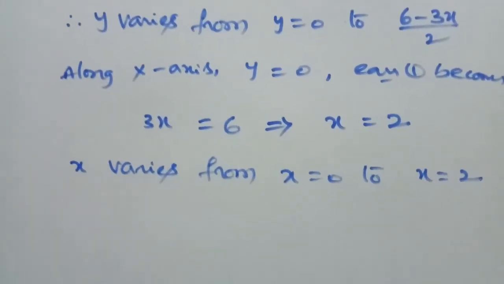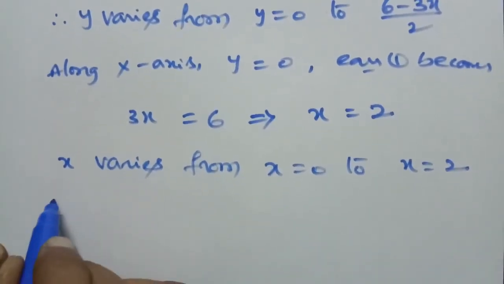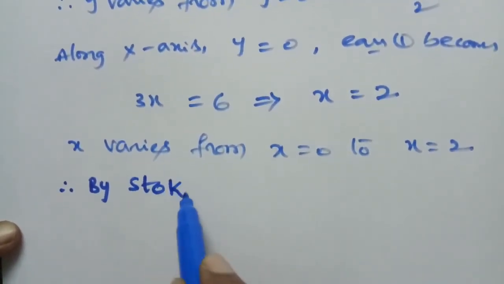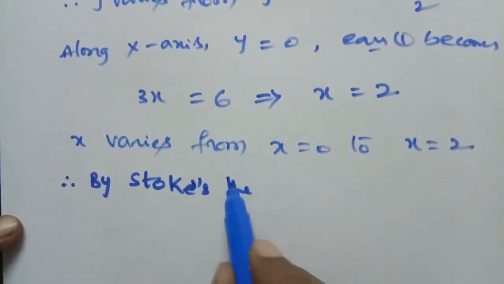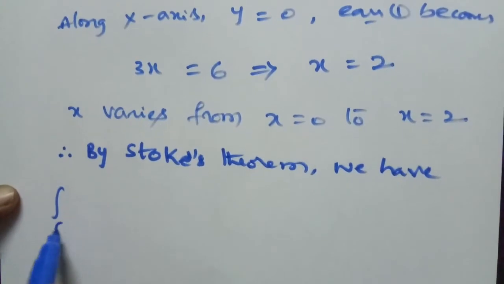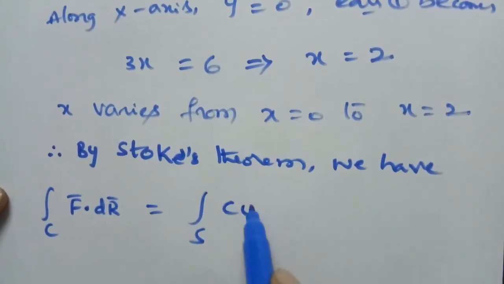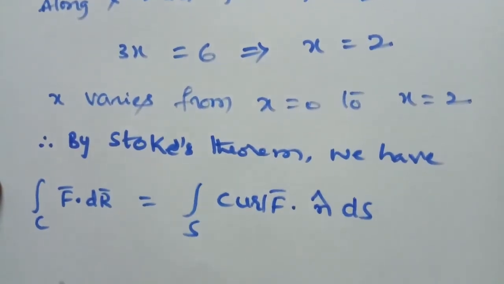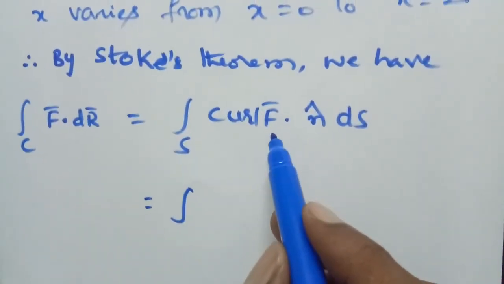Therefore, by Stokes theorem, we have the integral over C of f bar dot dr bar is equal to the integral over S of curl f bar dot n cap ds.